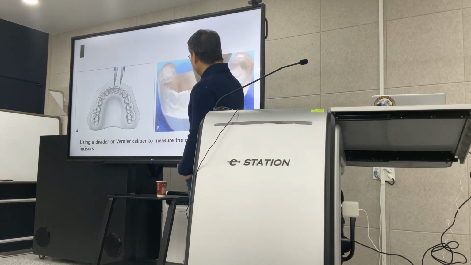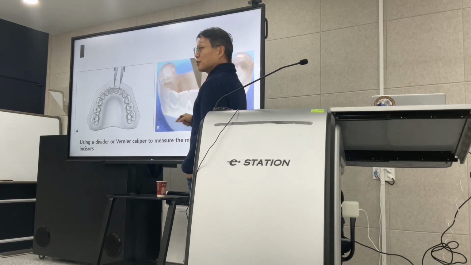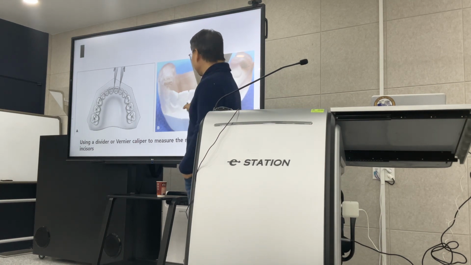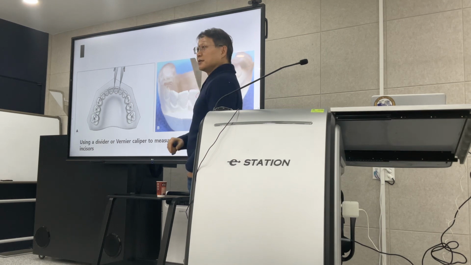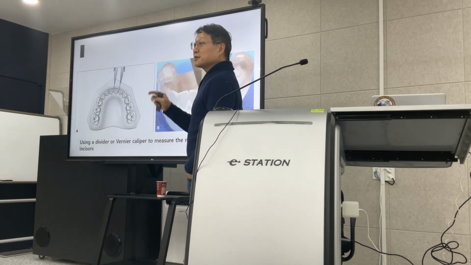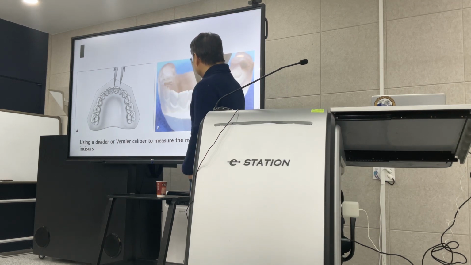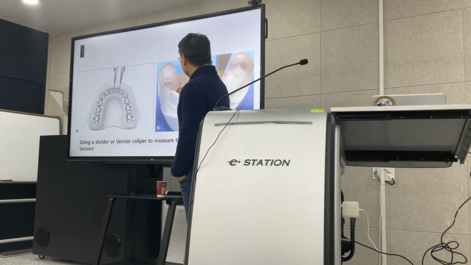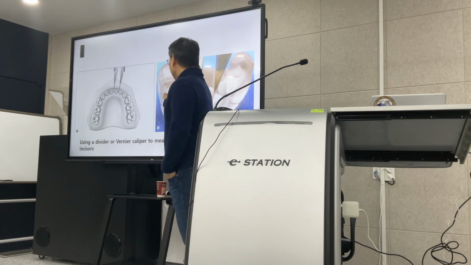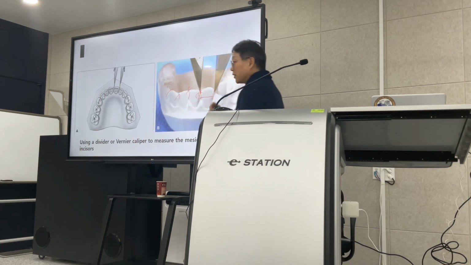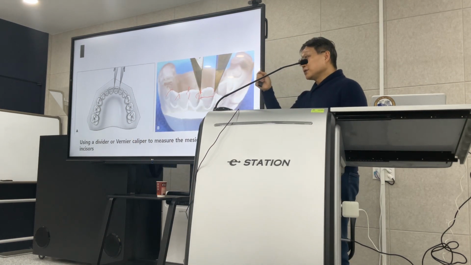But sometimes it's hard to measure. There is no space. There is some gap in here. No problem. Just the same way is okay. You can calculate right there, right there, right there. Don't worry about the small difference.